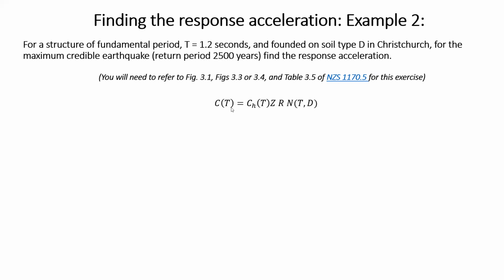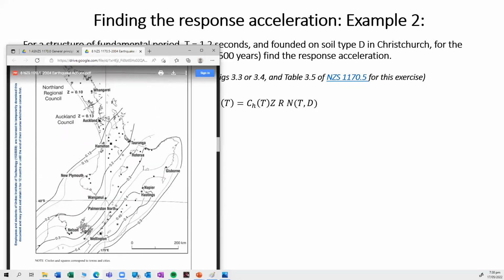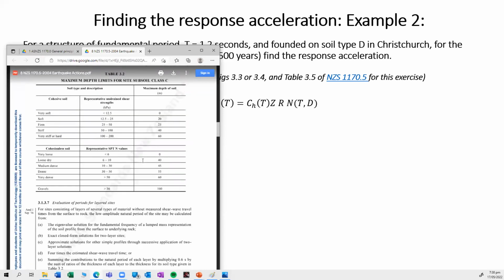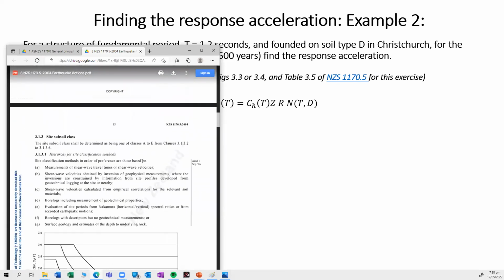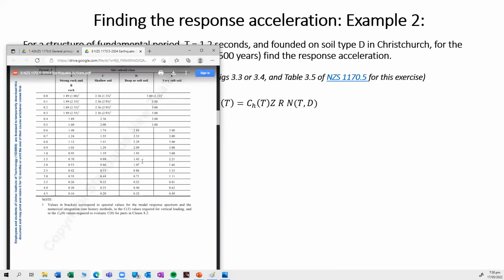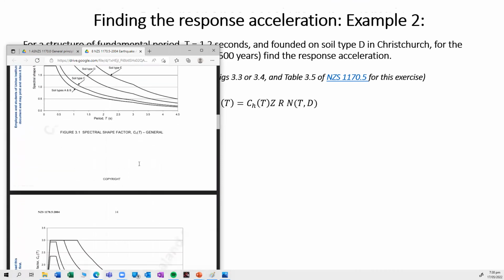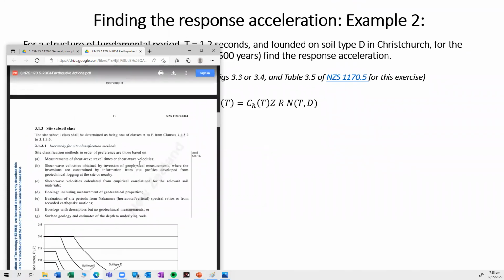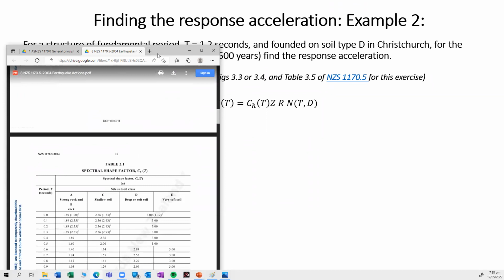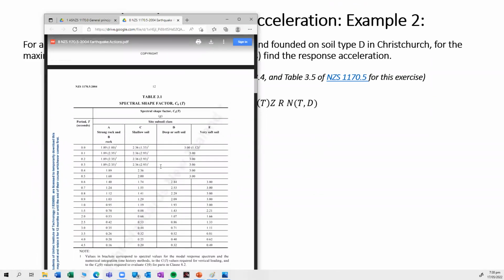Now, what is our CHT? Well, let's have a look at our chart here again, for 1.2 seconds. This is our spectral shape factor, the general one, at 1.2 seconds.